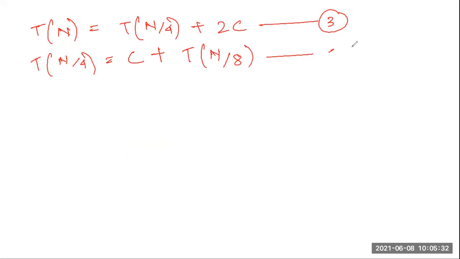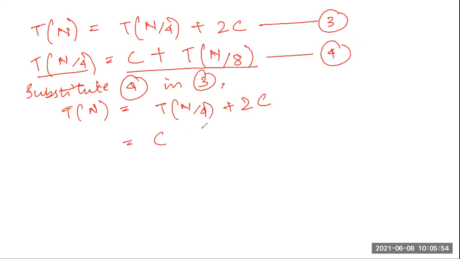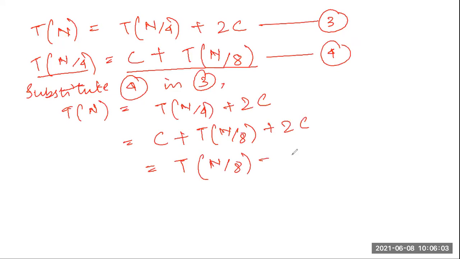T(n by 8), right. So now if I substitute that in 3, our T(n) was equal to T(n by 4) plus 2C. Now I have a certain value of T(n by 4), so I will write C plus T(n by 8) plus 2C, which will give me T(n by 8) plus 3C.